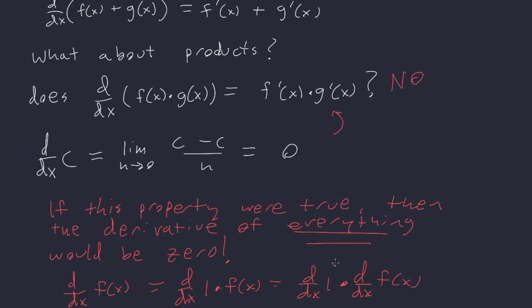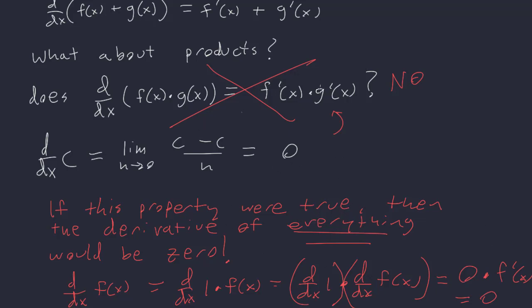And the derivative of 1 is 0. We'd get 0 times f prime, which would be 0. So if this property is true, the derivative of everything is 0, and we know that's not true. So no, this is not true. It'd be nice, but it's not. This is one of the biggest mistakes I see with people who don't remember the product rule that we're about to talk about.